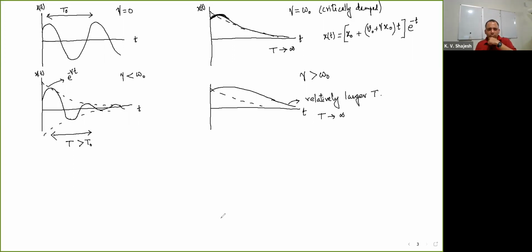And it's also good to go over each case separately. For example, some of the extensions or homework problems we will be covering: what happens when omega naught is equal to 0? What does that solution correspond to?